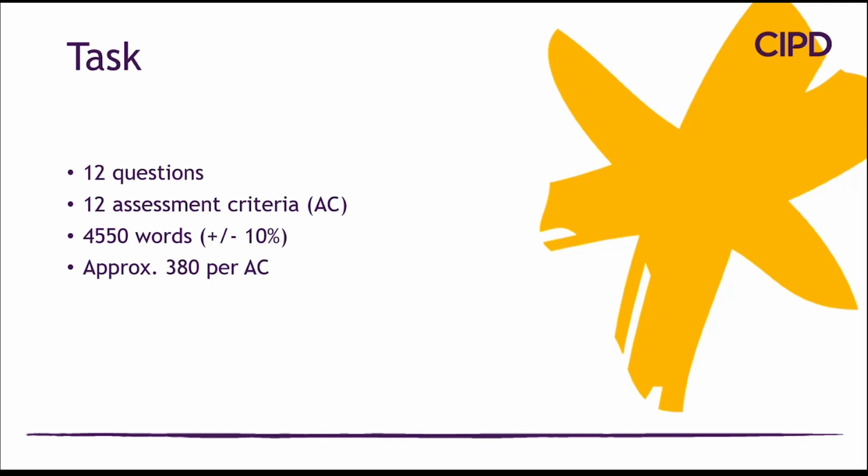Any assessment that exceeds 5,005 words will be rejected for marking, returned to you, and counted as a refer. You will then be allowed to resubmit your assessment in line with the CIPD referral policy. To ensure full coverage of all ACs, this means approximately 380 words can be allocated to answering each AC.